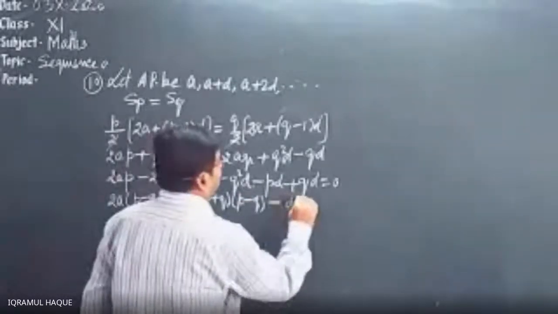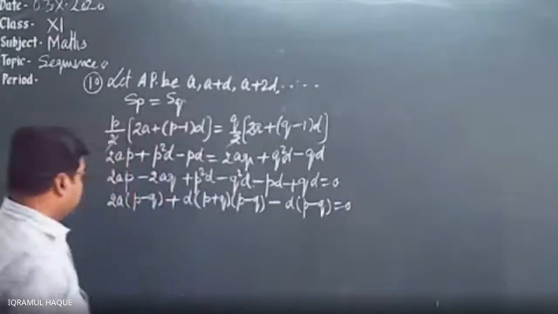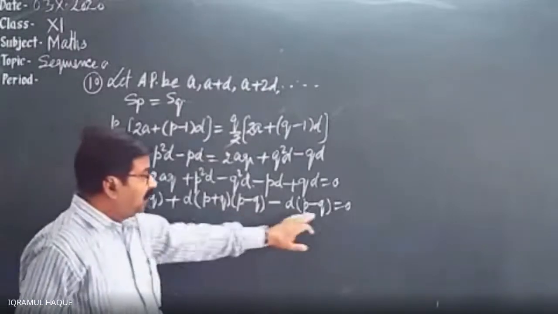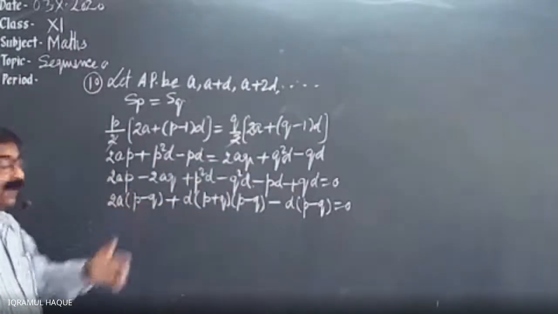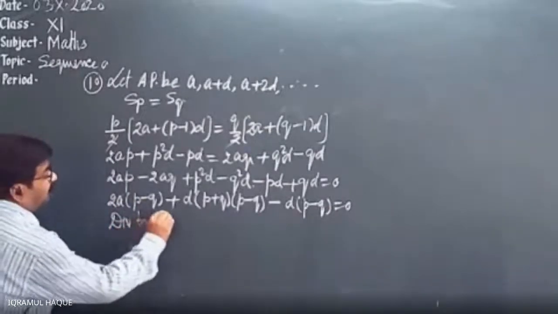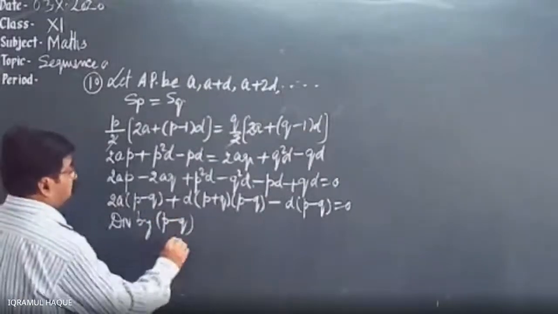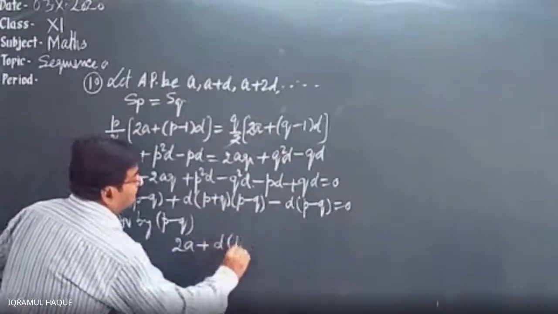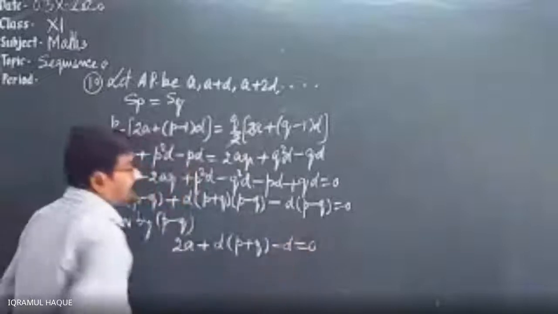So d is common, we have p minus q is equal to 0. Here we have p minus q throughout common, so we can divide it by p minus q. So what we have? 2a plus d into p plus q minus d is equal to 0.